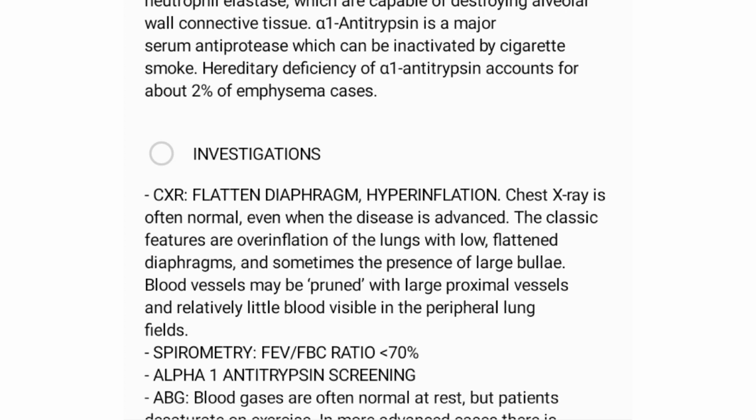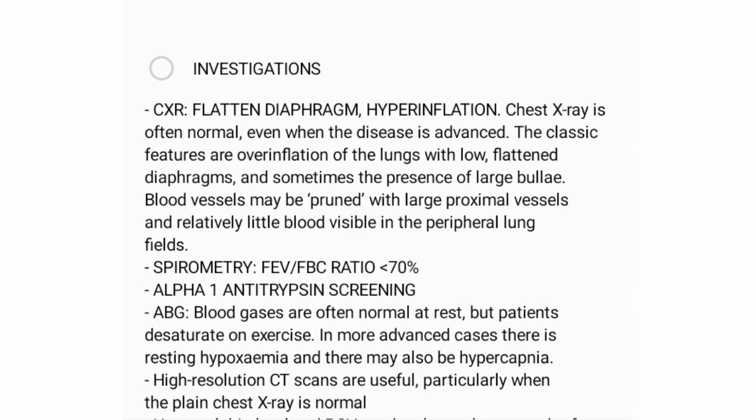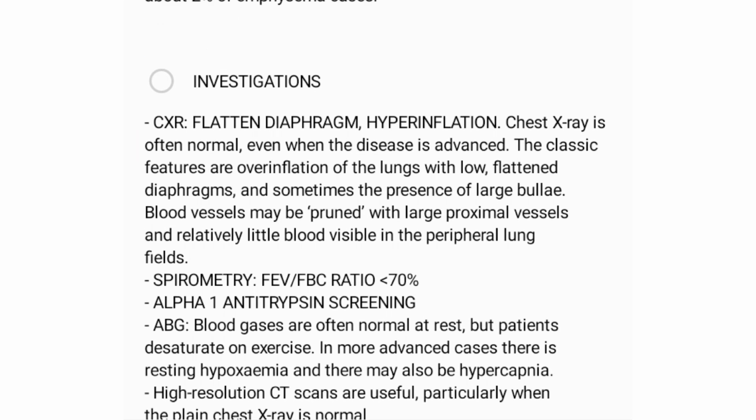Then in terms of investigations, we have to know that the chest X-ray is one of the best and cheapest investigations you can do. The chest X-ray shows the flattened diaphragm and hyperinflation, and the chest X-ray itself is often normal even when the disease is advanced.